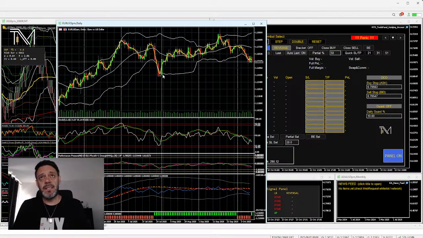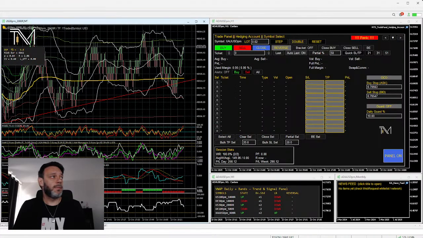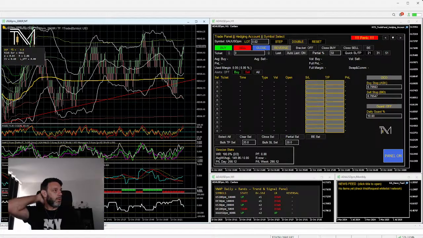This is interesting because this also should anticipate a deeper pullback for the stock market. I guess Friday's session should not be enough.